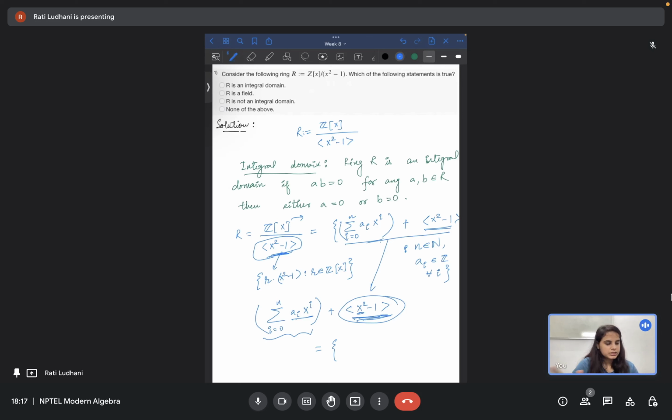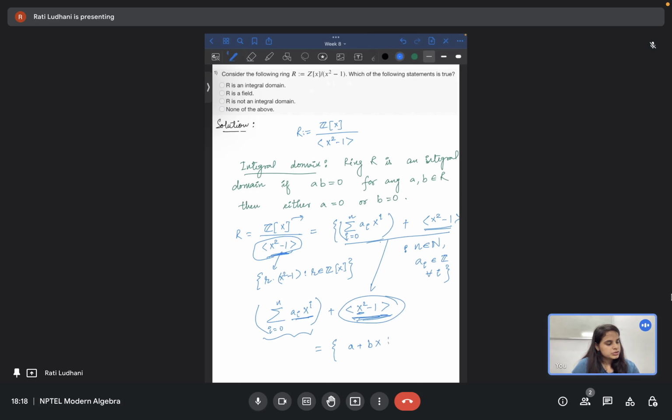So we actually have a plus bx, because whenever x square comes, we can write it to be 1. Afterwards x square will become 1, and x cube will become x, because x square is 1, that means x cube is x. So just identify like this.